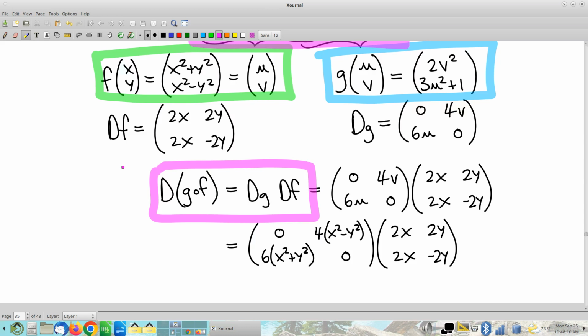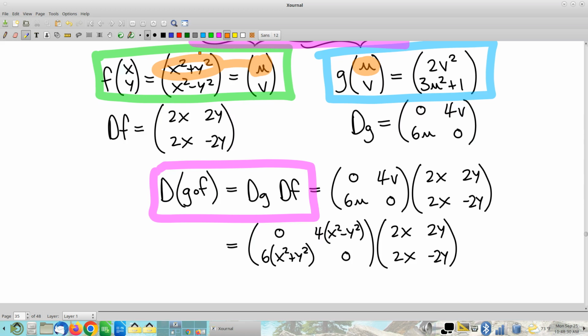And then just remember at the end, G is a function of U and V. U, of course, is the first output from the f function.